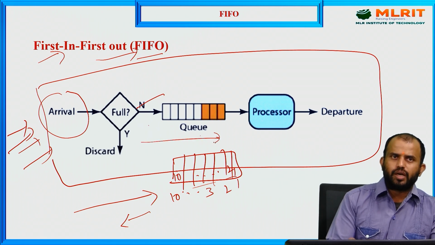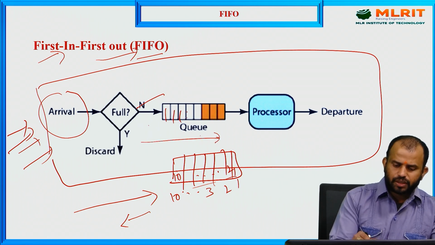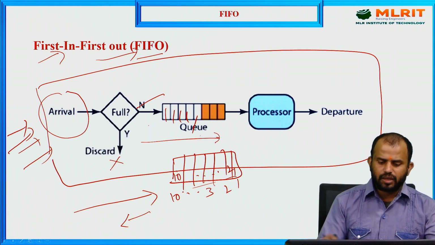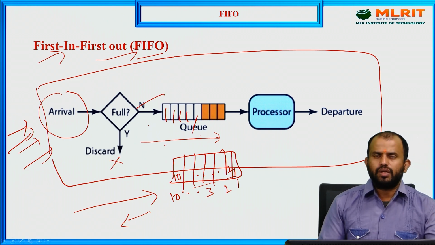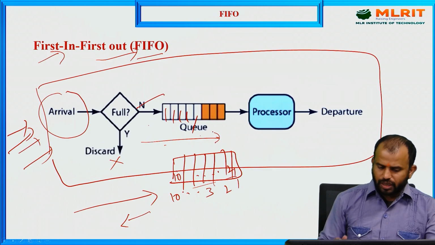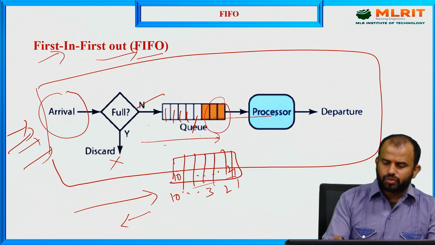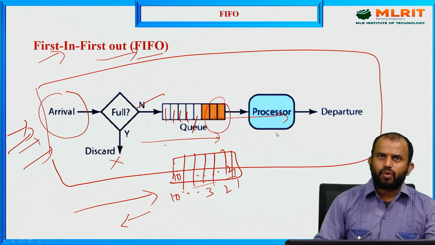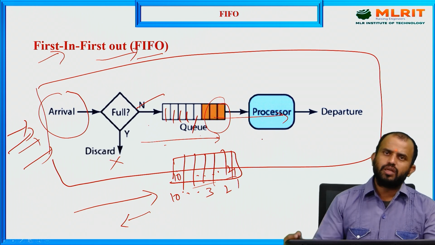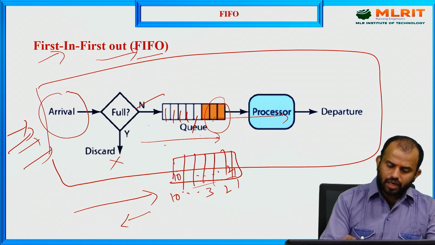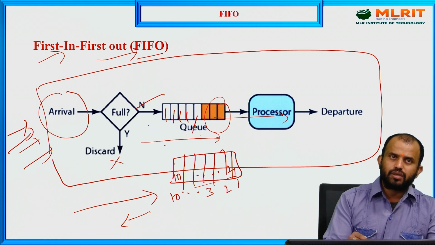Or else, if the queue is busy and engaged, it is simply discarded unless the queue is idle. If it is free, it will move into departure, where we process the value and transmit the information to the destination. Unless it is in a busy state, we discard it.